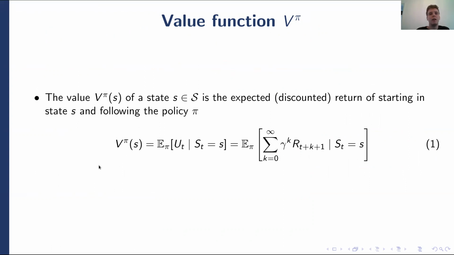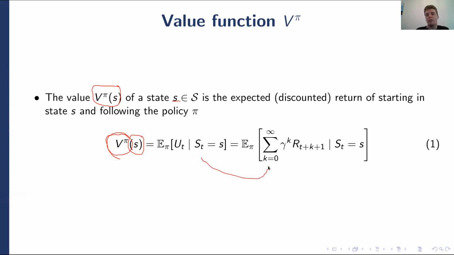Okay, so going back, I want to define now what's the value function for a specific policy pi. And the value v pi of S of a state, of any state S, is the expected discounted return of starting in that state S and then following the policy pi from then on. So the value under pi of state S is the expectation.